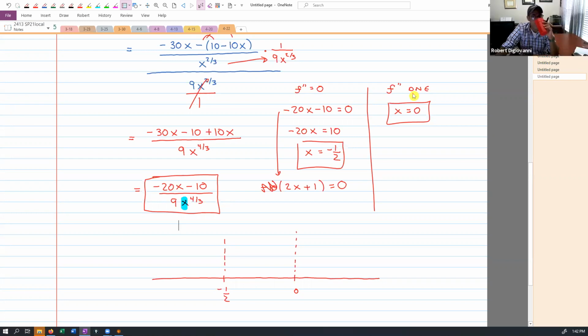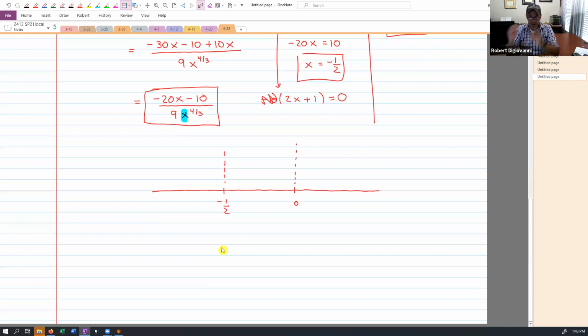Well, you just have to look at it. Look at the denominator. What's the only number you could plug in here that would cause division by 0? Try any other number. If you do any other number, you're going to get some number here times 9. You're not going to have 0. The only way to get 0 is if x is 0. So it's just an inspection thing, a visual inspection.